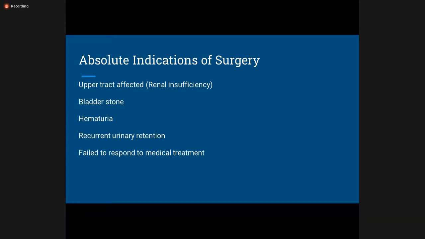If somebody is having recurrent urinary retention, he should go for surgery. And somebody who failed to respond to the medical treatment. So these are the most important 5 absolute indications for surgery.